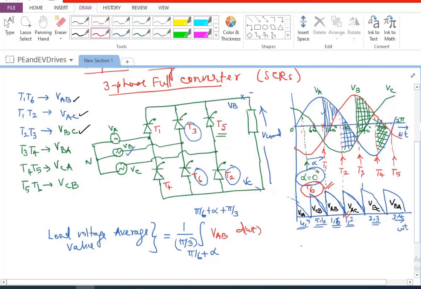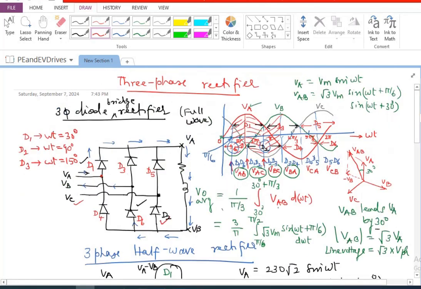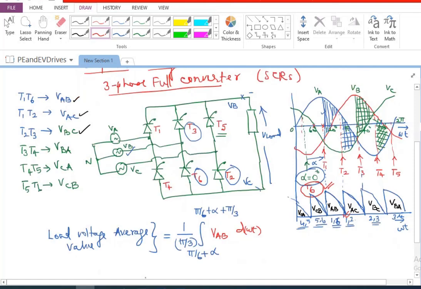And in the last class itself, we said if I am doing the integration of VAB, but I am taking the reference as VA, then I have to write VAB. VAB leads VA by 30 degrees, so it is sine omega t plus pi by 6. And the magnitude will be root 3 times Vm, where Vm is the phase voltage peak value.